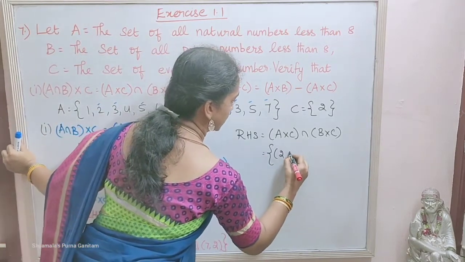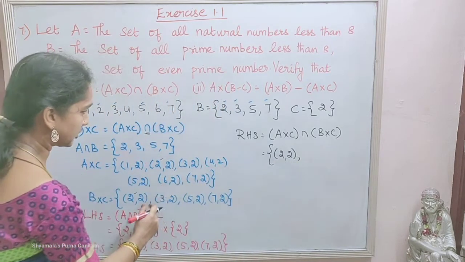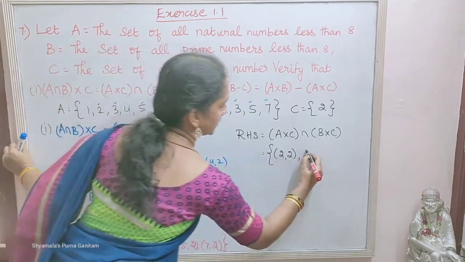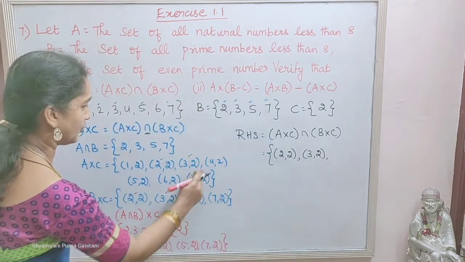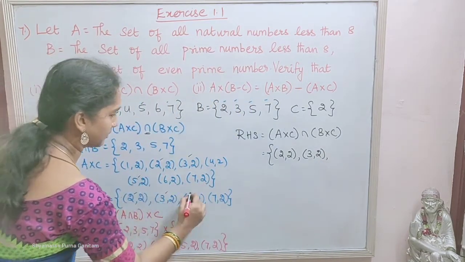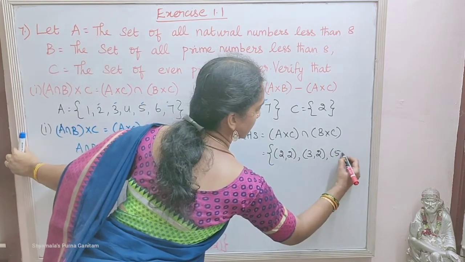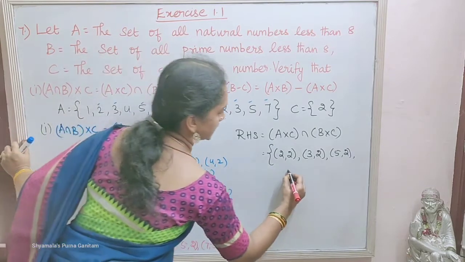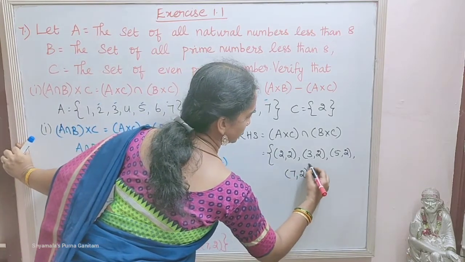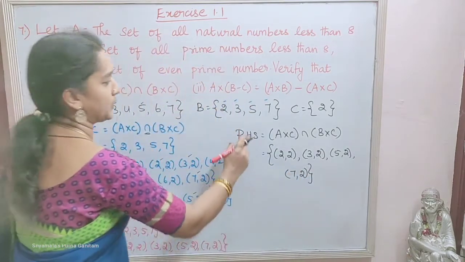First (2, 2) is common. Then (3, 2). Then (4, 2) is not there. Then (5, 2) is there, then (7, 2). So these are the 4 elements for the RHS.